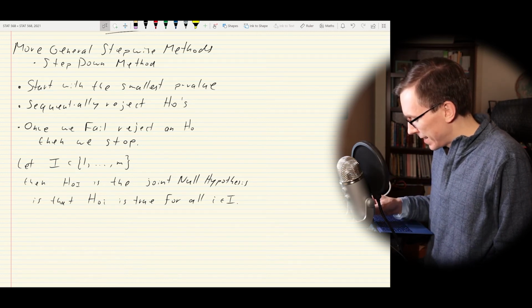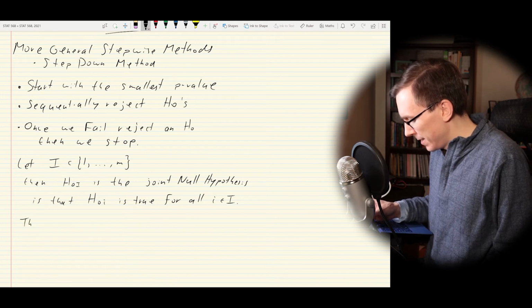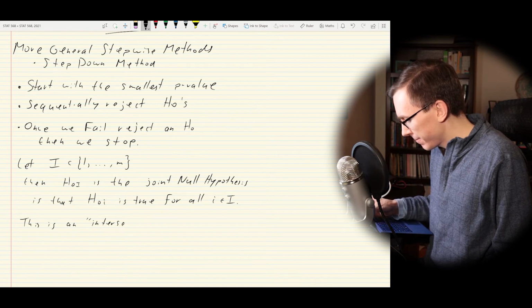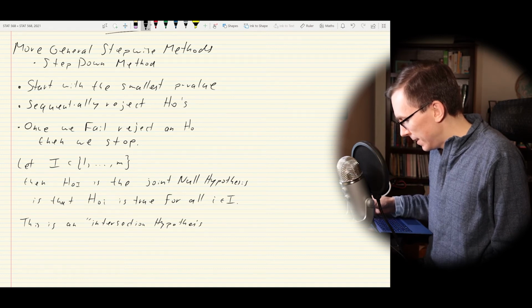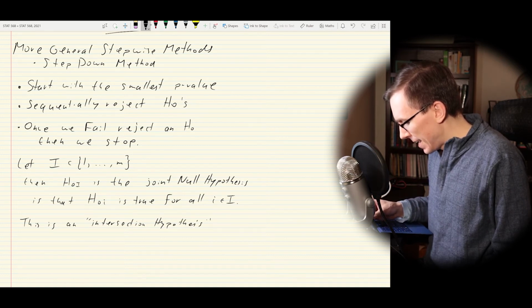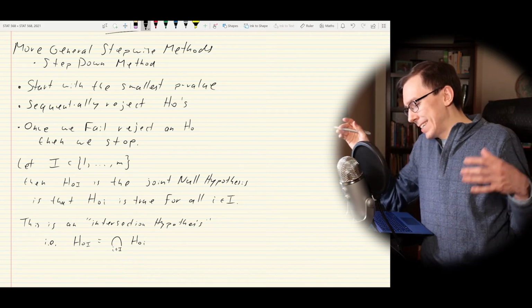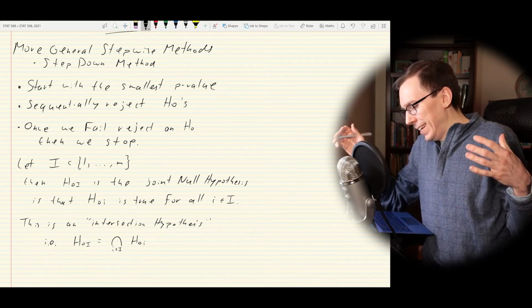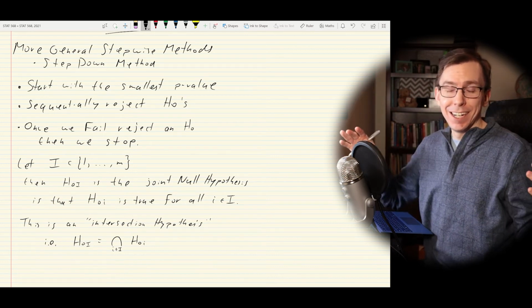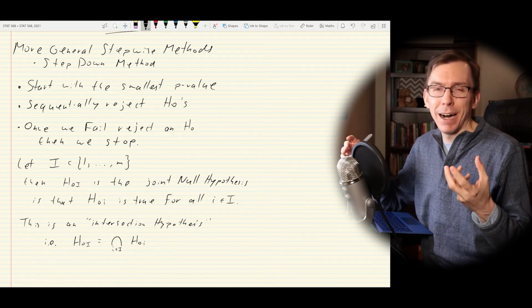Also, I should point out that this is an intersection hypothesis, i.e. H naught capital I is the intersection over I in capital I of H naught little I. So it's really just saying that it's true if all of the constituent hypotheses are true.